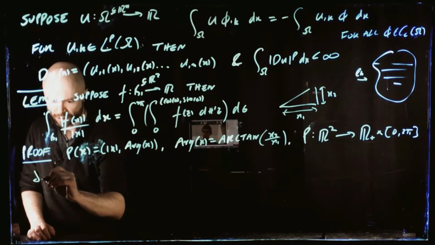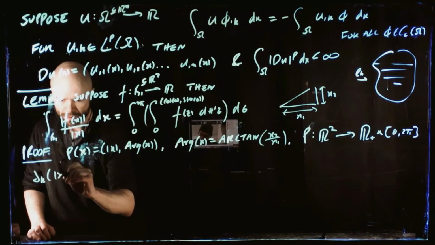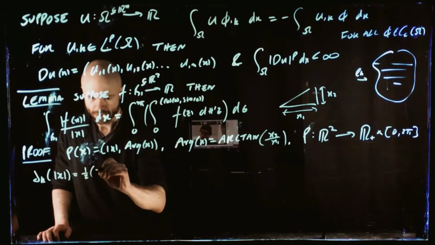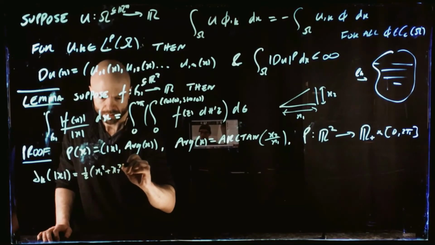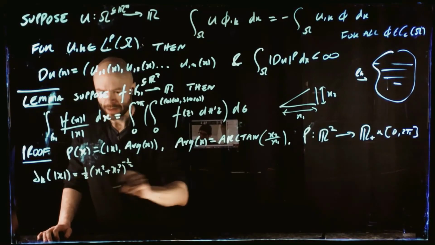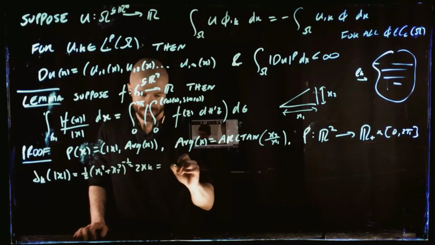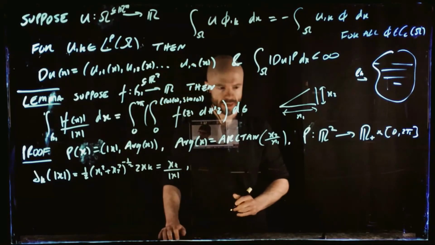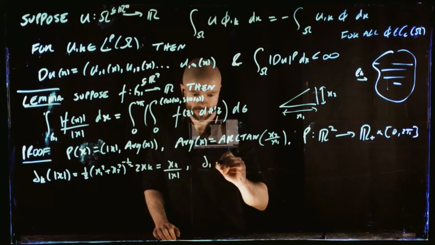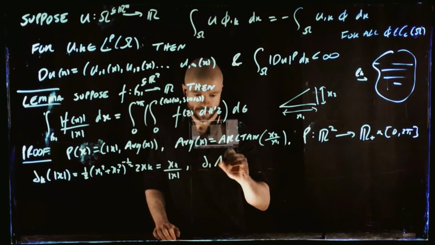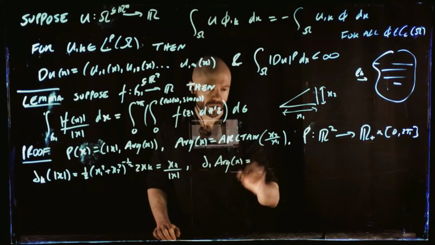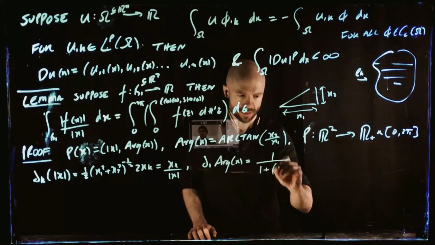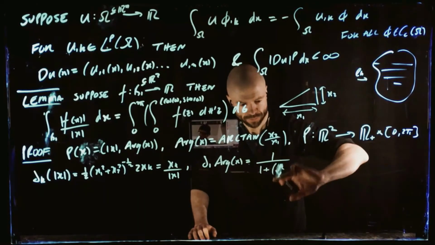If we take the kth partial of this thing, then what's it going to be? It's 1 over 2 times (x1 squared plus x2 squared) to the minus 1 over 2, and then just 2xk. So it is xk over |x|, like this. If we take the first partial of the argument function, then it's differentiating arctan, so it's 1 over 1 plus (x2 over x1) squared.